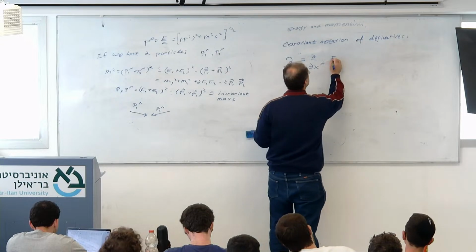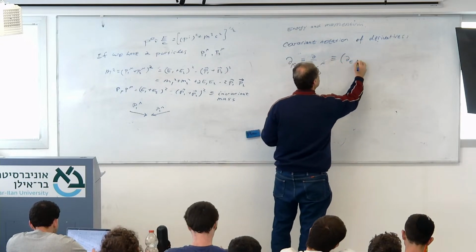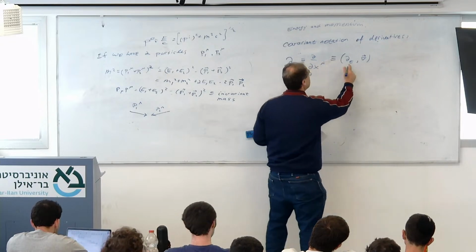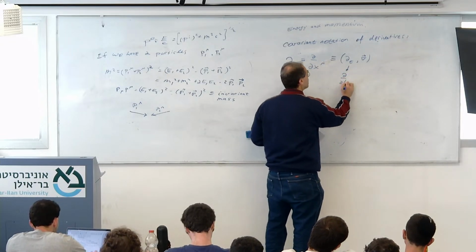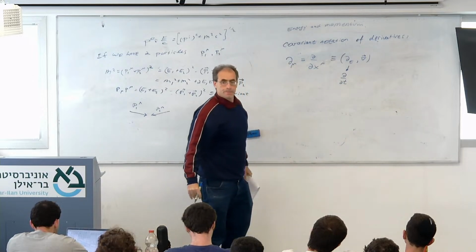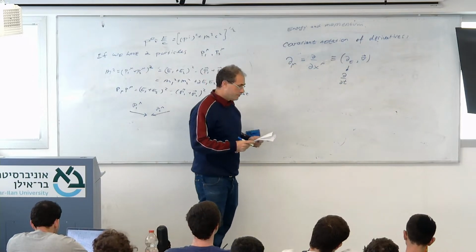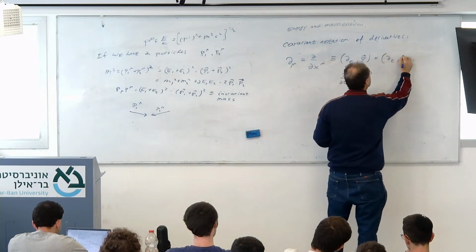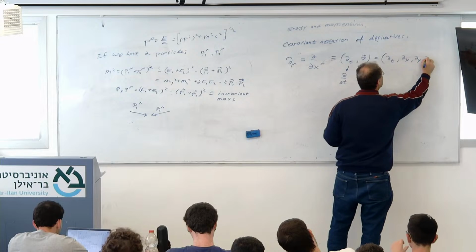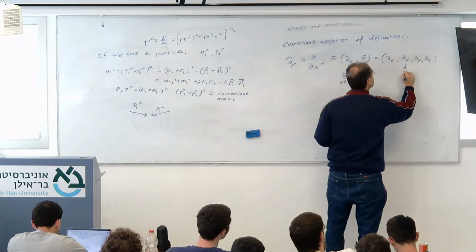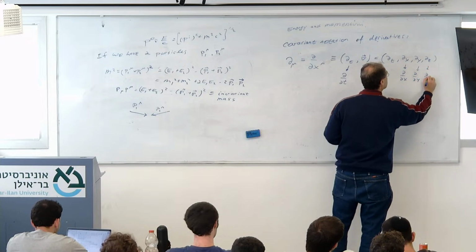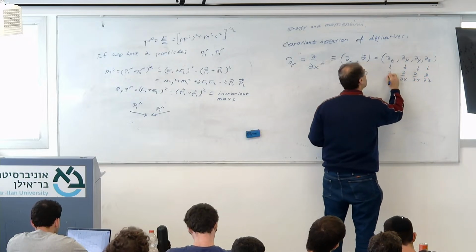This means dt and so on, where dt is shorthand for d over dt. So that simply means d over dx, d over dy, d over dz, d over dt.